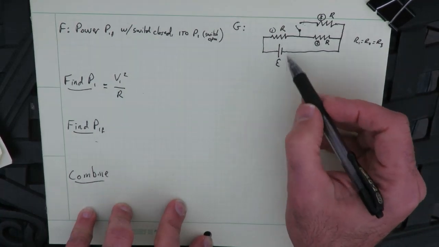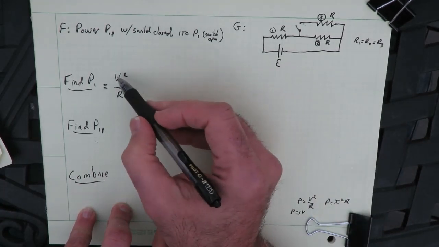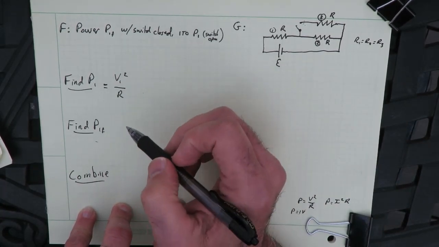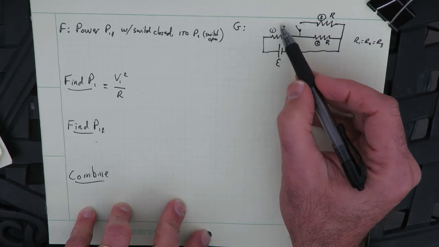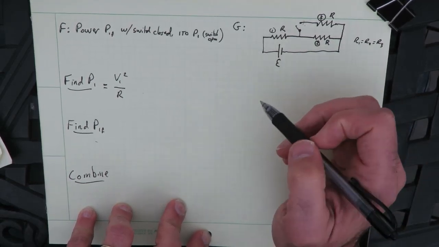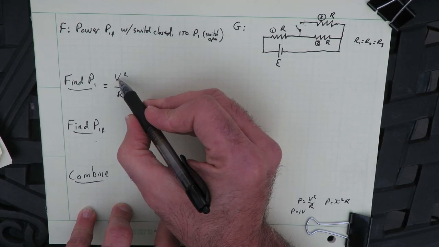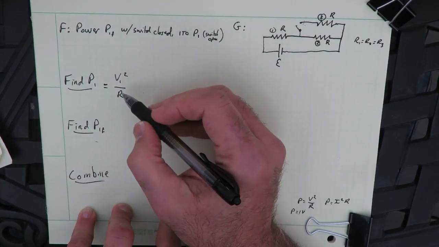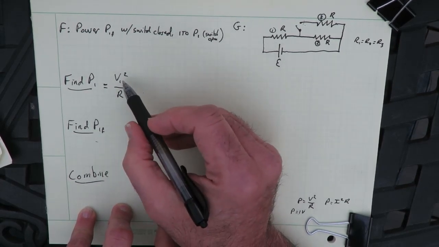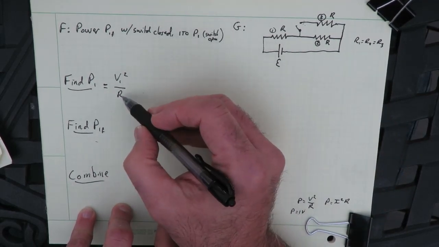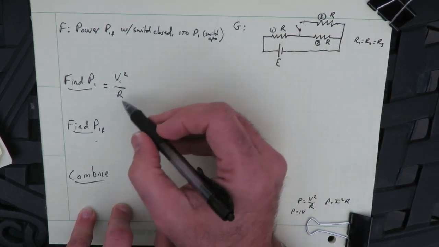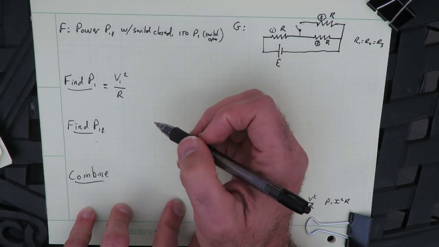Now, the voltage of the battery does not change, so having voltage in the term is useful, and the resistance of the first light bulb also does not change. So the battery voltage is going to be constant in both cases, and the resistance of the resistor itself is going to be constant in both cases.